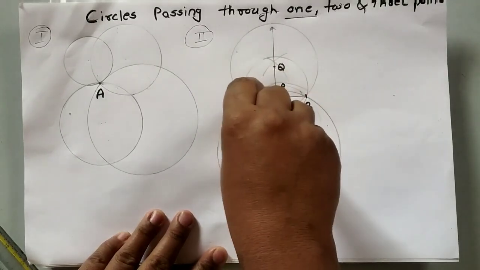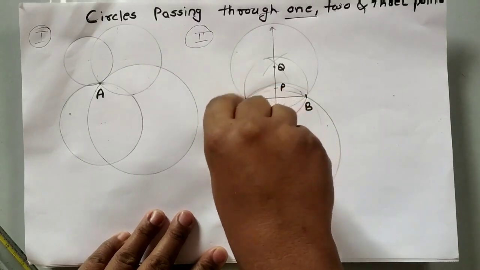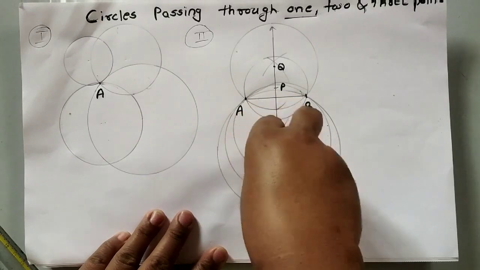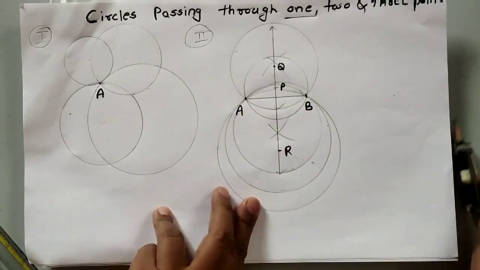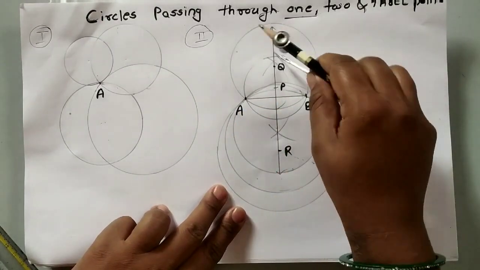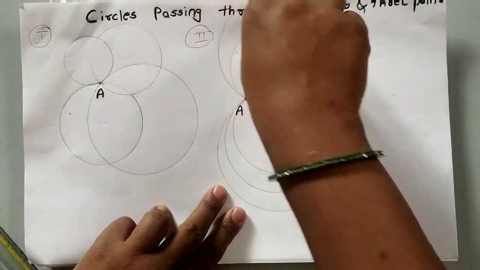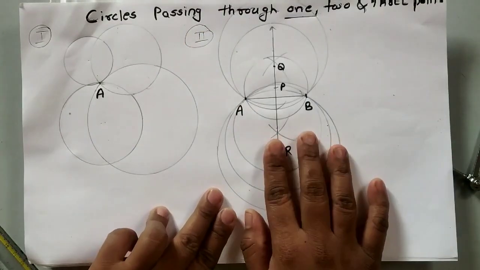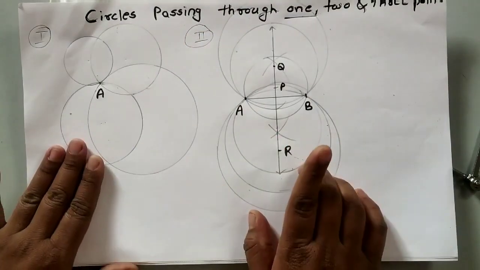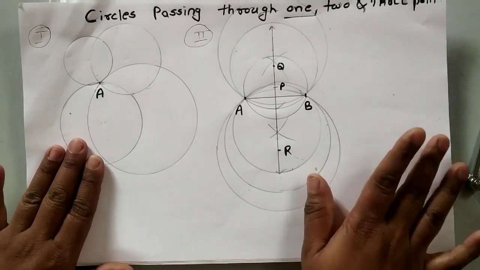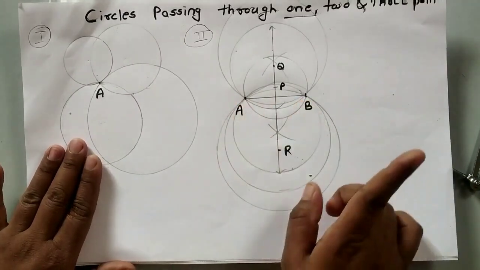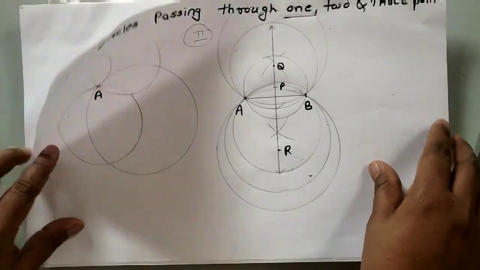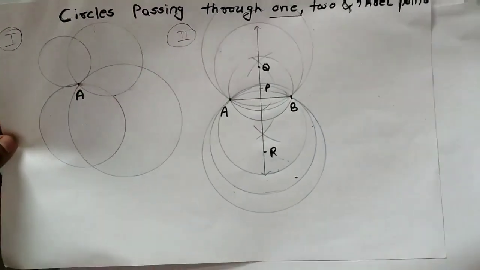Just take the radius PA, where the point is on the perpendicular bisector, and A and B. You will observe that we can draw innumerable circles passing through these two distinct points. So from a single point we can draw innumerable circles, and from two distinct points we can draw so many circles. Now we will move towards the third activity.